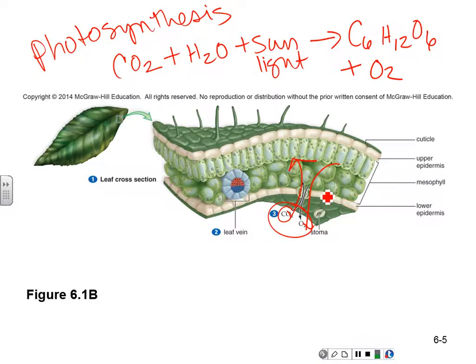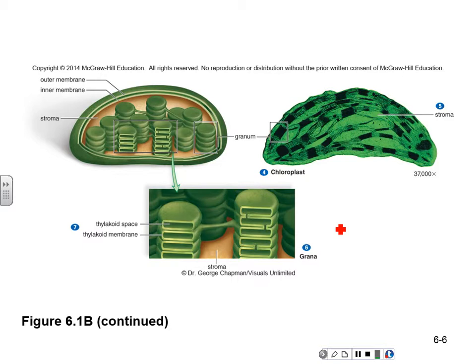So there's a structure within a plant cell called a stoma, and the stoma is an opening for gas exchange. These thylakoid membranes will also become important. This is a stack of thylakoids, and they call the stack a granum. This is a thylakoid membrane, and inside is the thylakoid space.